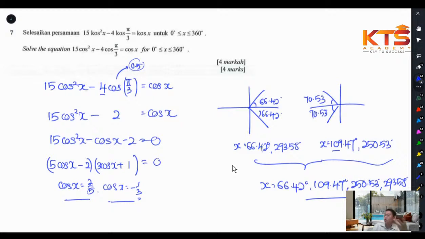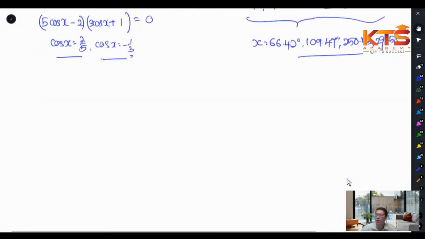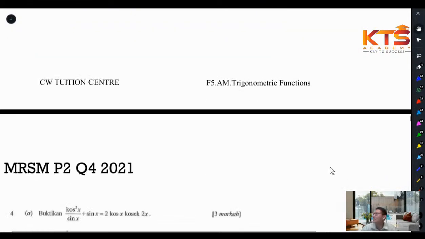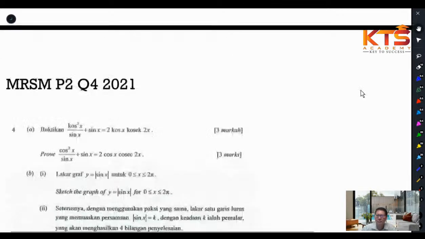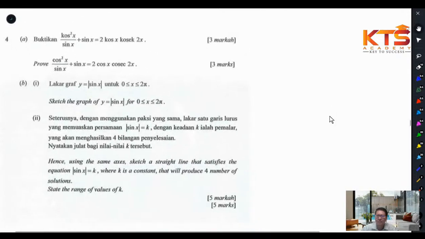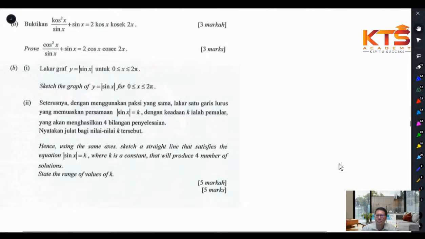So you have practiced 2 times already, the similar question. Okay, you should be able to do the questions. Okay, let's move on to the next question. MRSM paper 2. Prove cos square. Okay, I give you 1 minute.